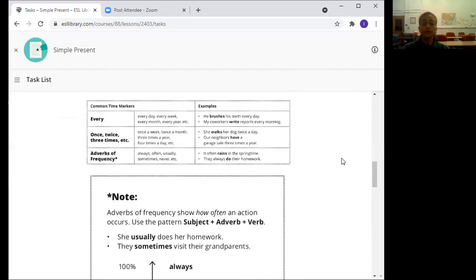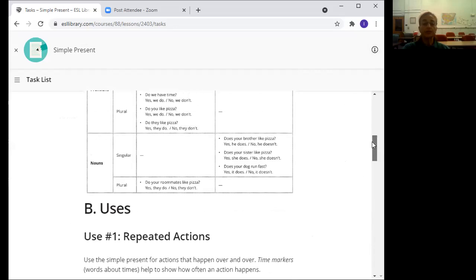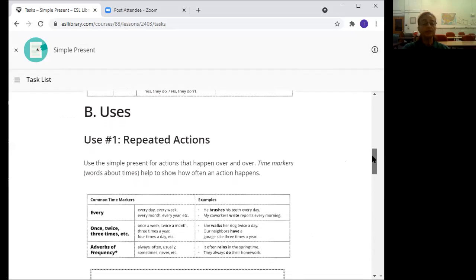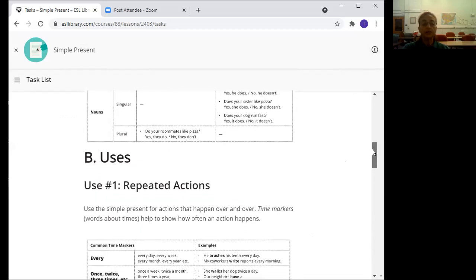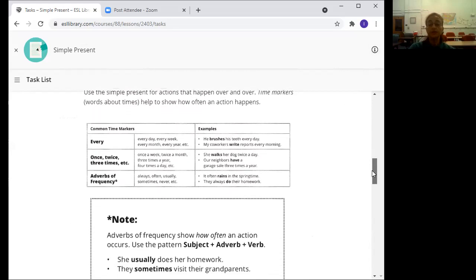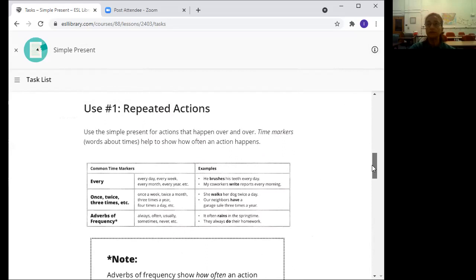And another thing that we would like to talk about before we go to the exercises, we want to discuss the uses of the simple present tense. In what case do we use simple present tense in English? Because in English we have different tense groups.